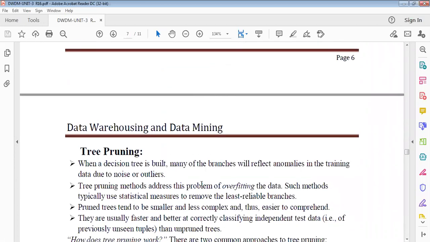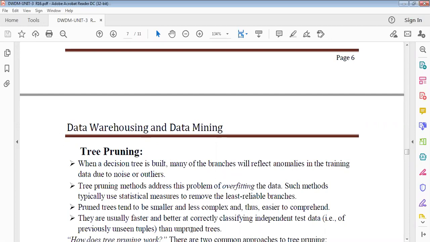Next, tree pruning. We need tree pruning when the decision tree is built with many branches. When a decision tree is built, many of the branches will reflect anomalies in the training data due to noise or outliers.